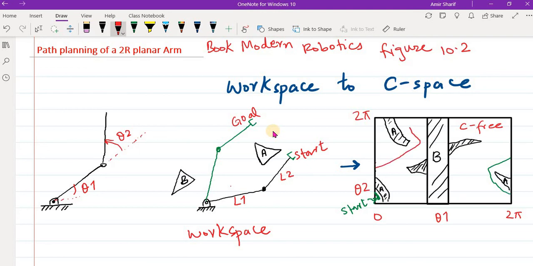Till it reaches, so that our end effector's end position is somewhere here, the goal position we can call it. This is goal, this is start position here.